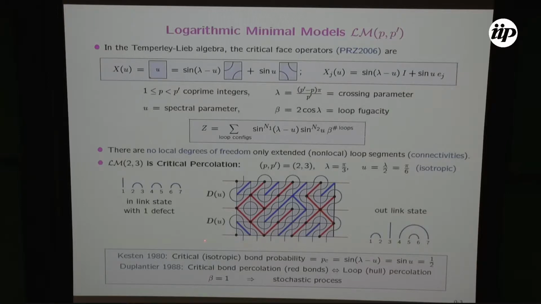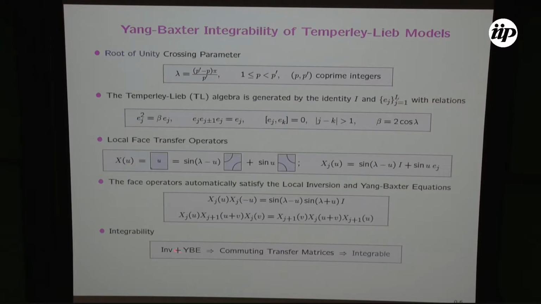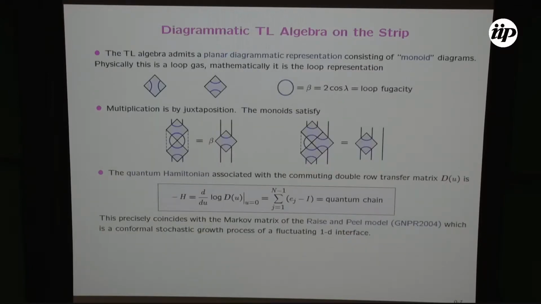If you take the logarithmic derivative of that object, then set the spectral parameter equal to 0, you find that the quantum chain associated with percolation and the logarithmic minimal models in general is just the sum of the E_j's, and often it's convenient to introduce a shift.